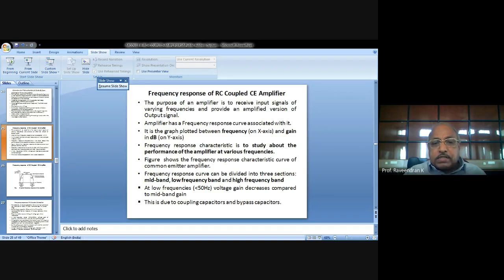These two points, F1 and F2, are the lower cutoff frequency and upper cutoff frequency respectively. And the difference between F2 and F1 is called the bandwidth B of the amplifier. Okay, that is the bandwidth B of the amplifier.